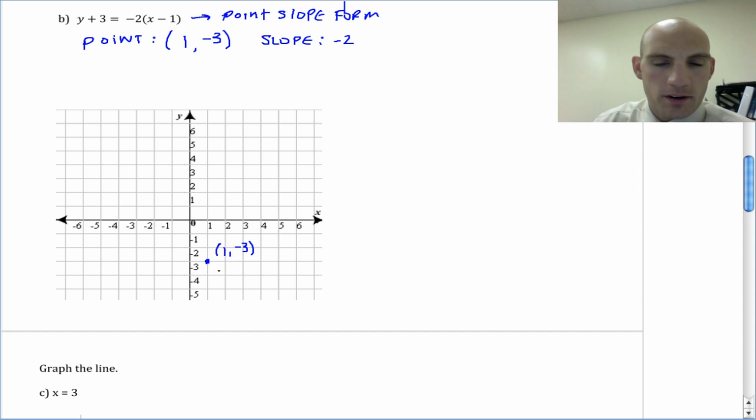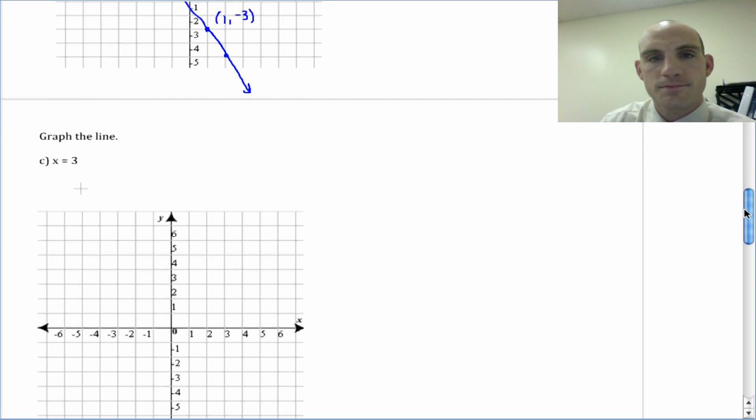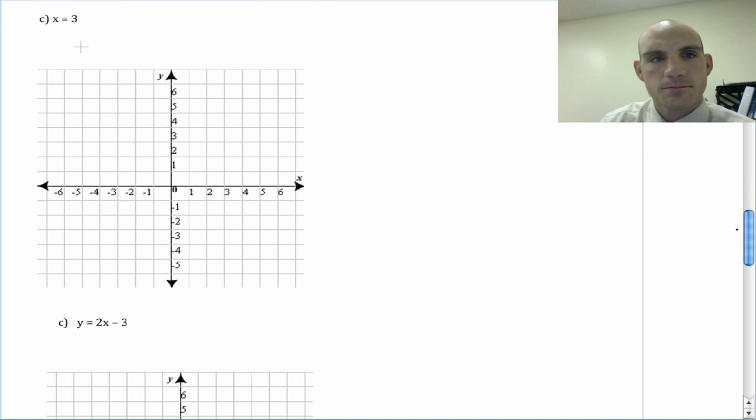And our next part is going to be a little bit trickier, but not too much trickier, because now we just need to use our slope. So we're going to go down 2 and over 1. And we connect the dots. Nice and simple, right, like that. Okay? Guys, it's all about putting that first point in there and then using the slope. So once you know where to start, you're good to go after that.